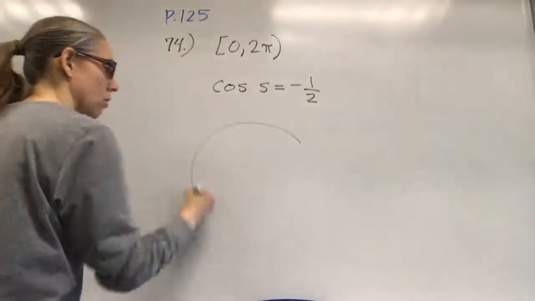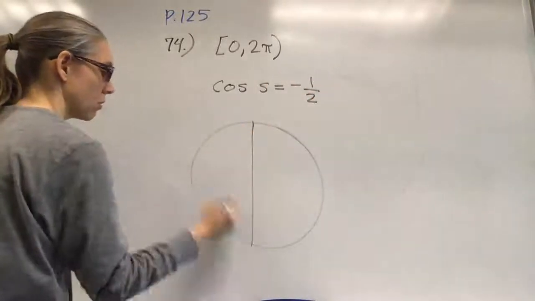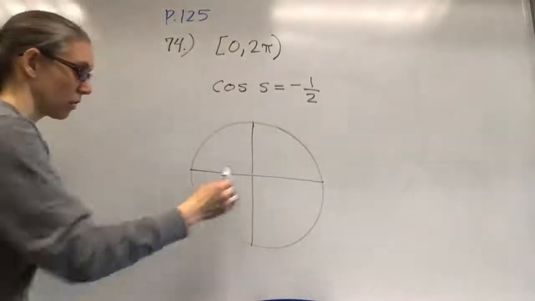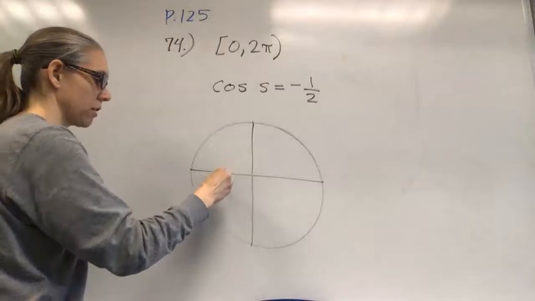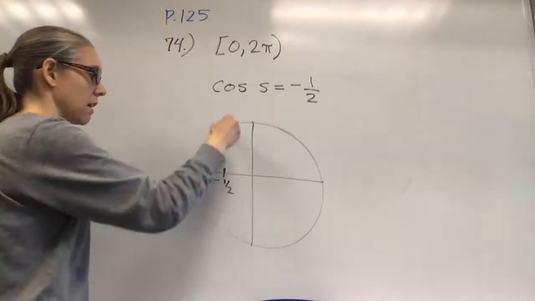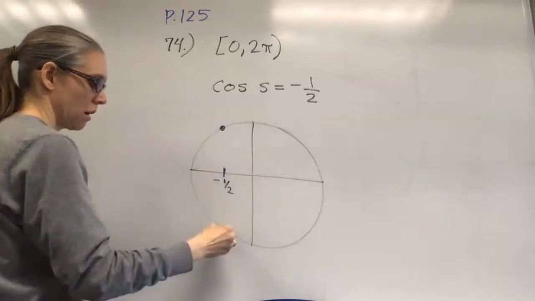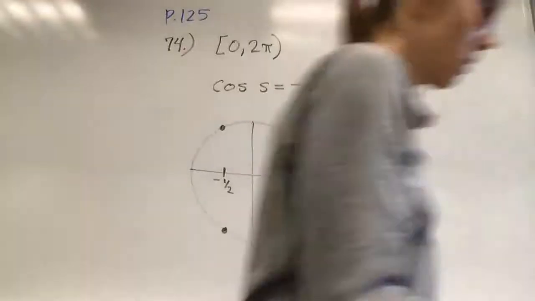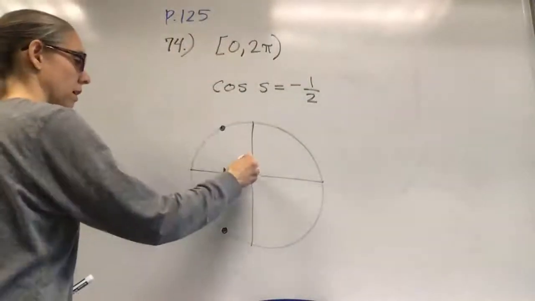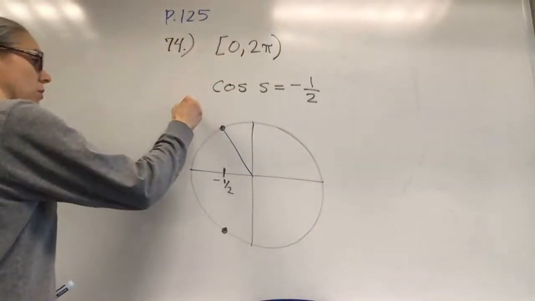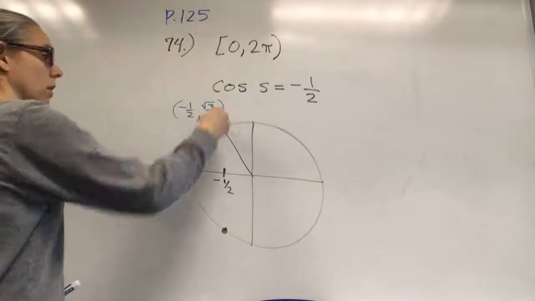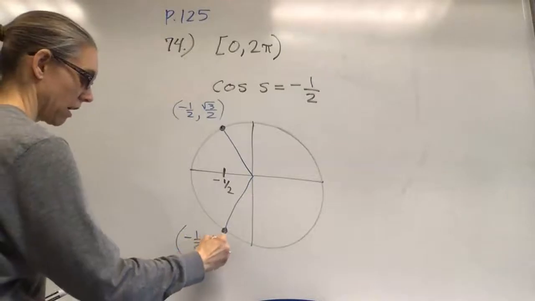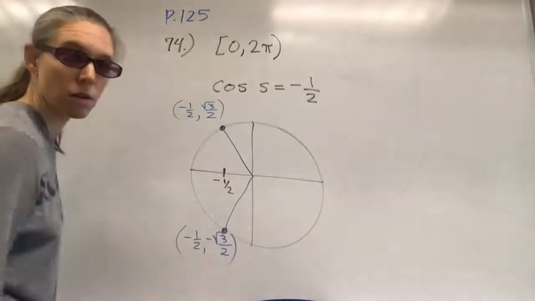So I'm looking at the whole circle, every single quadrant, and I'm looking for cosine values, x values, that are -1/2. Here's -1/2 on the x-axis. That means there has to be a point up here and a point down here. And in fact, this one right here is (-1/2, root 3 over 2), and this point right here is (-1/2, -root 3 over 2).